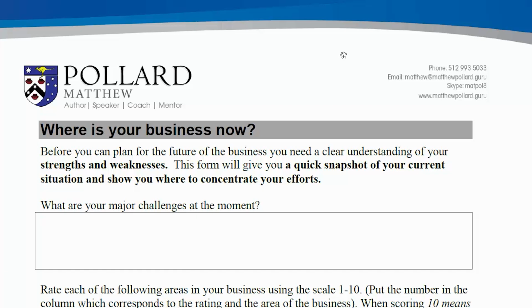Now, what we're doing in this Where is your business now template, at least at the start, is reminding them how important working with you is. So we're going to ask a lot of questions about the problems that they're experiencing in their business, again, just so that we can get them to re-unfreeze before we go through the rest of the templates that we will cover as part of the first session.